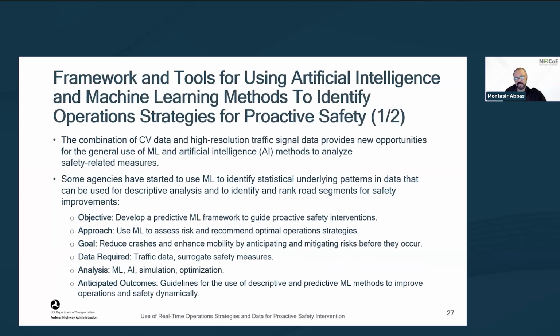And again, we have seen a lot of AI methods being applied, a lot of machine learning methods being applied in the literature, but we are not talking here about using a specific method to improve the modeling accuracy, but rather having a whole framework that incorporates machine learning and artificial intelligence, not only to predict what the data is telling us, but looking at if we proactively implement a certain strategy, what is going to happen and how things are going to shift in an overall transportation framework.